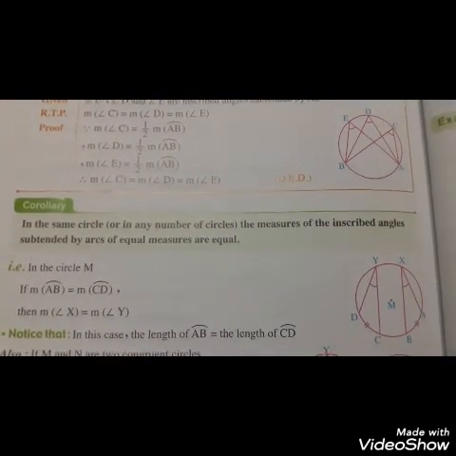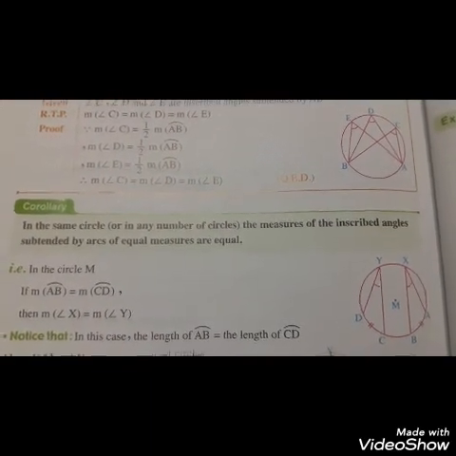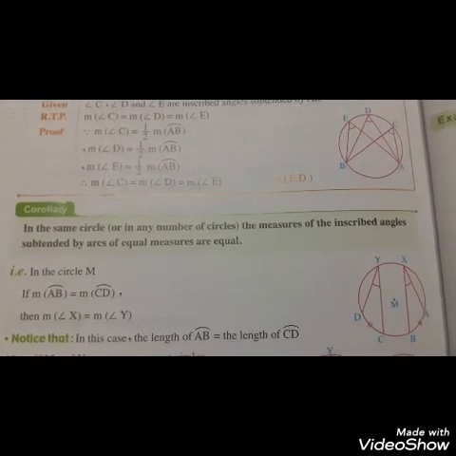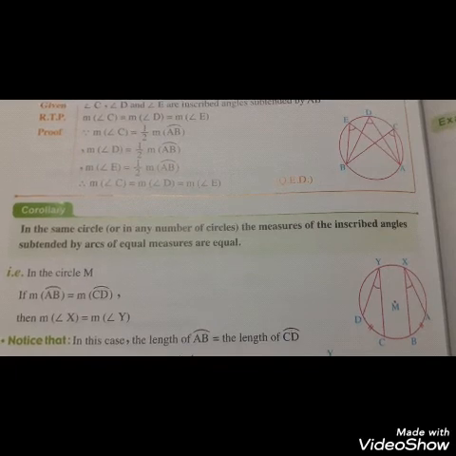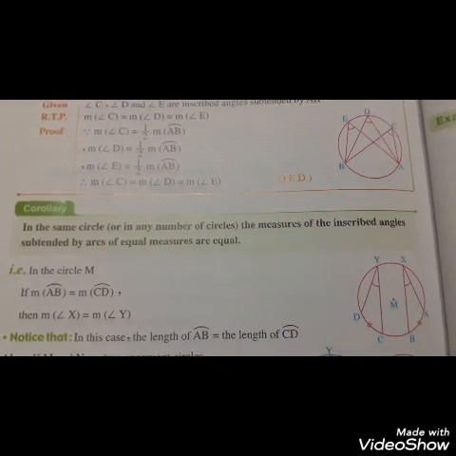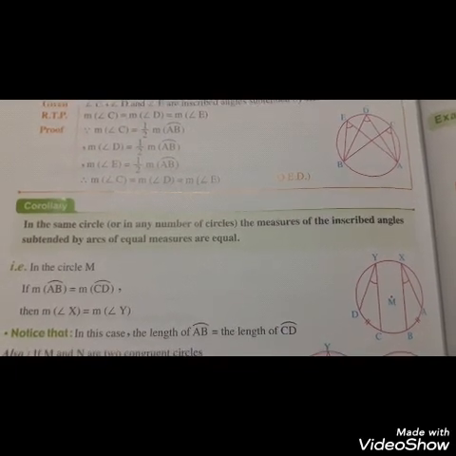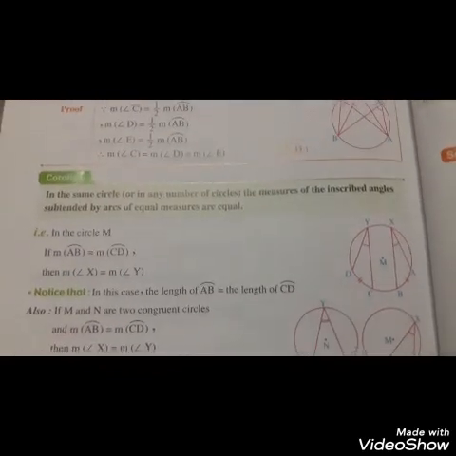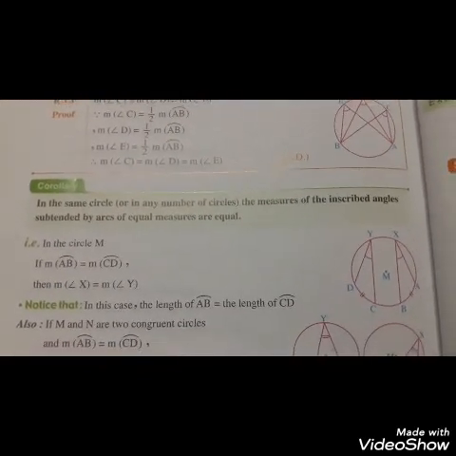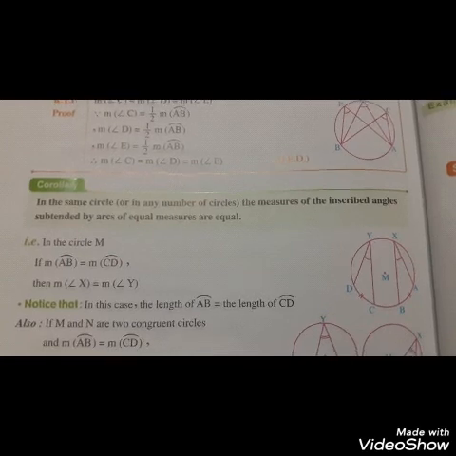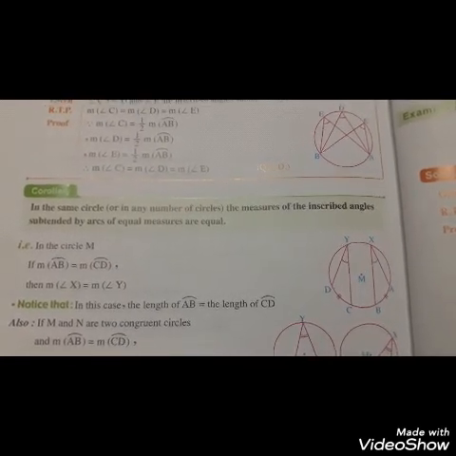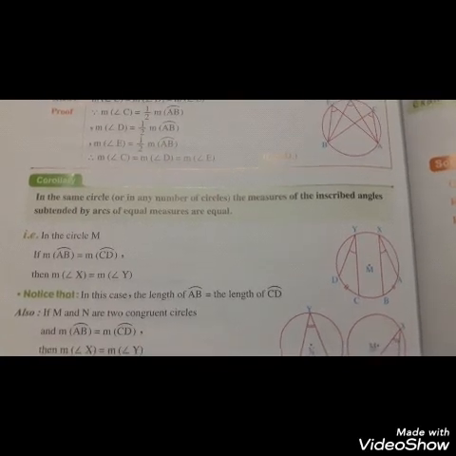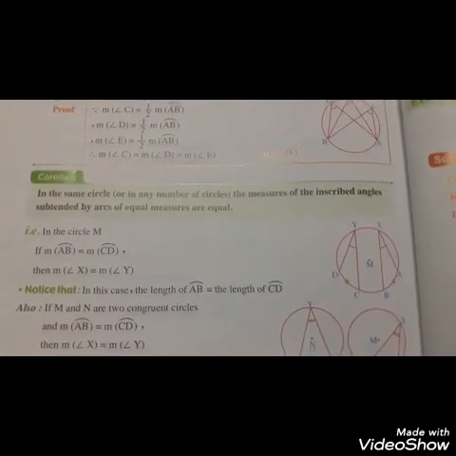And now note that in the same circle or in any number of circles, the inscribed angles subtended by arcs of equal measures are equal, like the measure of the angle y and the measure of the angle x. Since the arc DC equals the arc AB, the measure of the inscribed angle y equals the measure of the inscribed angle x.